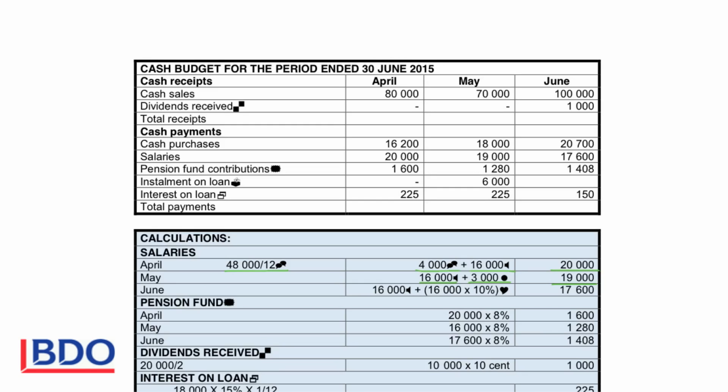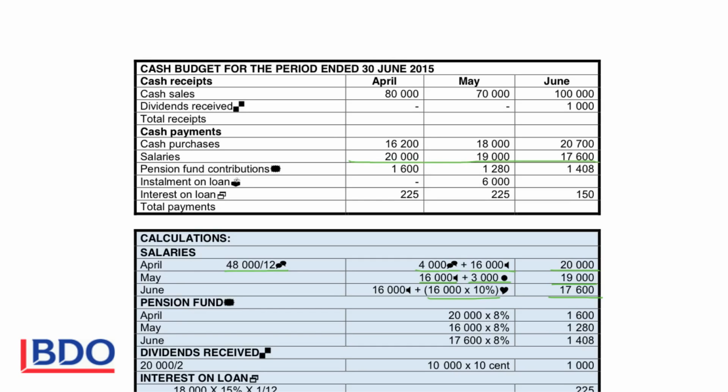In June, it's 16,000 plus 10% increase on the 16,000, that will give me 1,600. So 16,000 plus 1,600 will give me an amount of 17,600. So if we look in the budget, the salaries figure will be the ones that we calculated now.